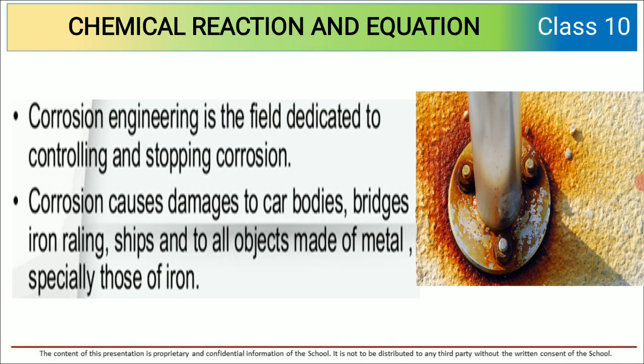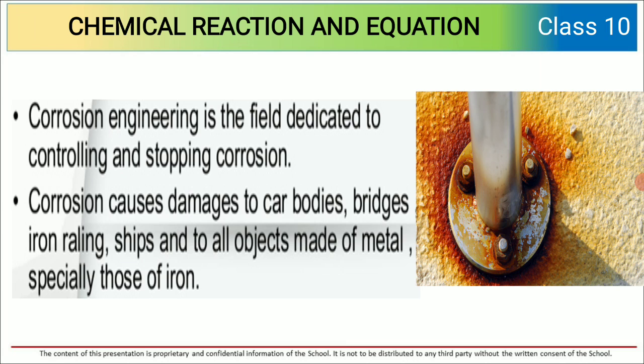Corrosion causes damage to car bodies, bridges, iron railing, ships, and to all objects made of metal, especially those of iron. So mostly corrosion causes damage to particular things where you can find that use of metal is done on a large scale.